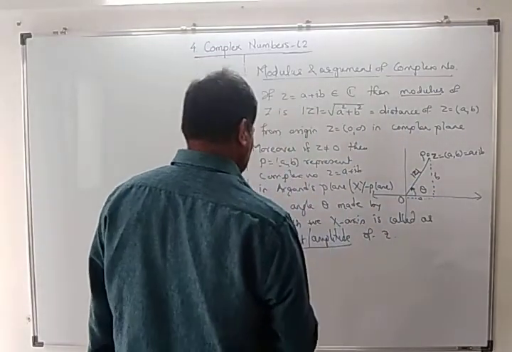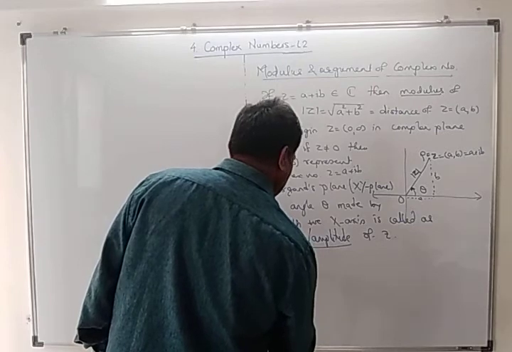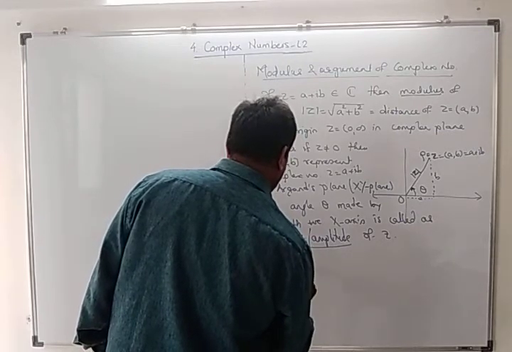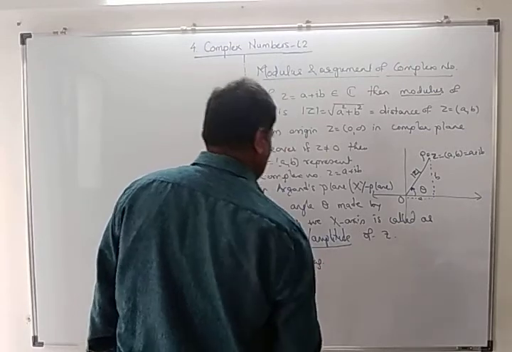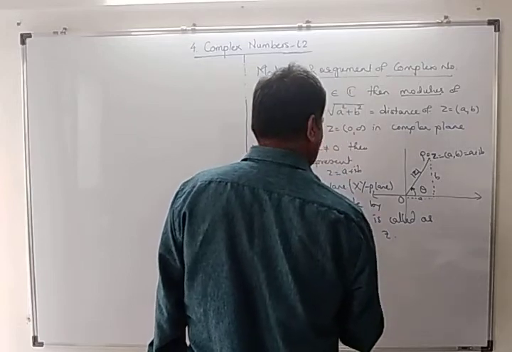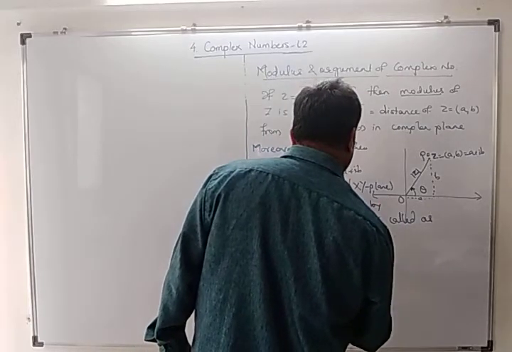That is, theta, from the diagram, is equal to tan inverse of b by a.